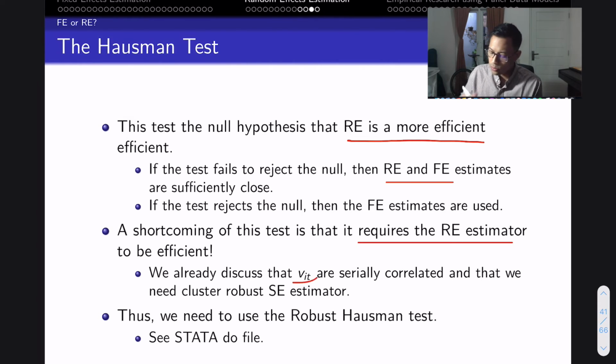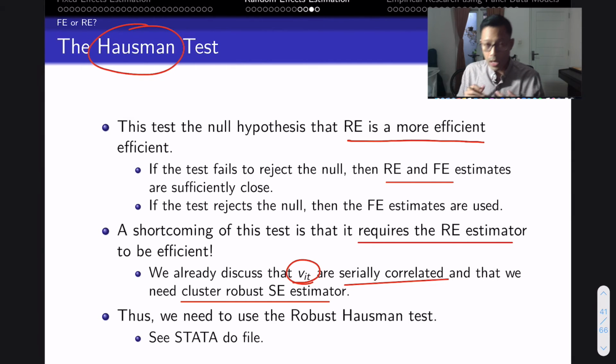And so, as opposed to just using the Hausman test, we need to use the robust Hausman test. This robust Hausman test takes into account the fact that the composite error terms are correlated across time.